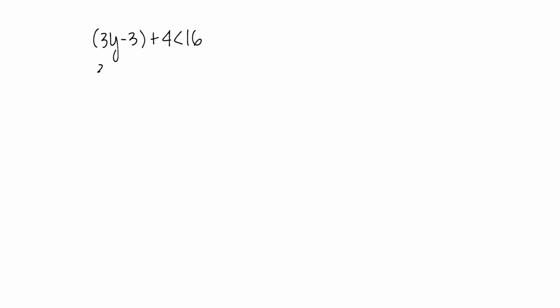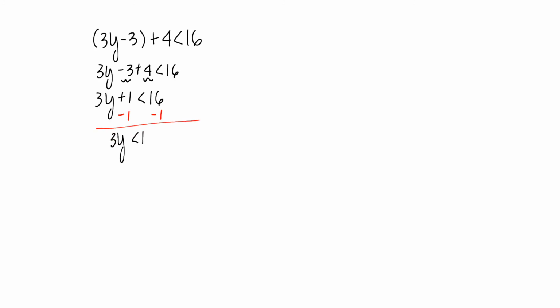So those parentheses aren't doing anything. I can combine these like terms. So I have 3y plus 1 is less than 16. I would subtract 1 on both sides. 3y is less than 15, and then I would divide by 3.